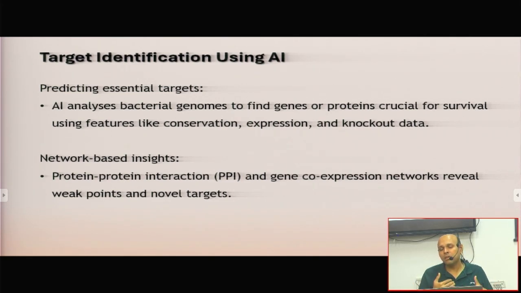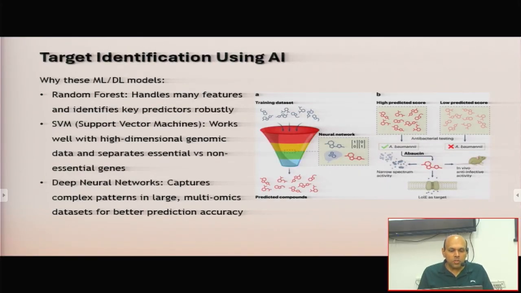You will have proteins at a lower hierarchy and proteins that are at a higher hierarchy that are being influenced. Gene co-expression networks can reveal weak points, and you can identify novel targets as a result of that as well. So, target identification using AI.